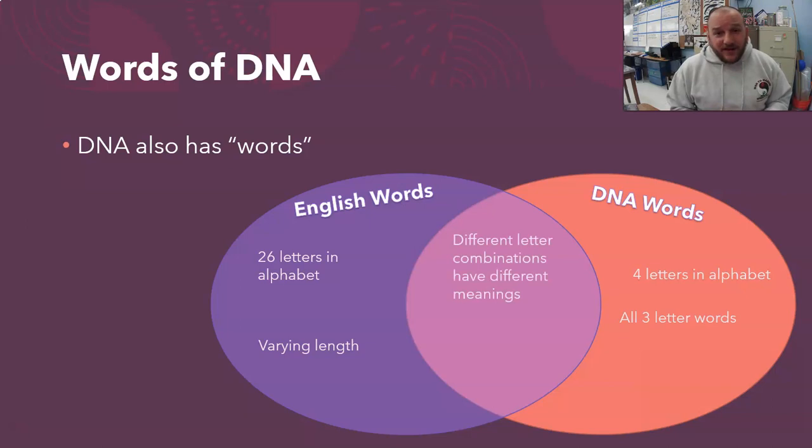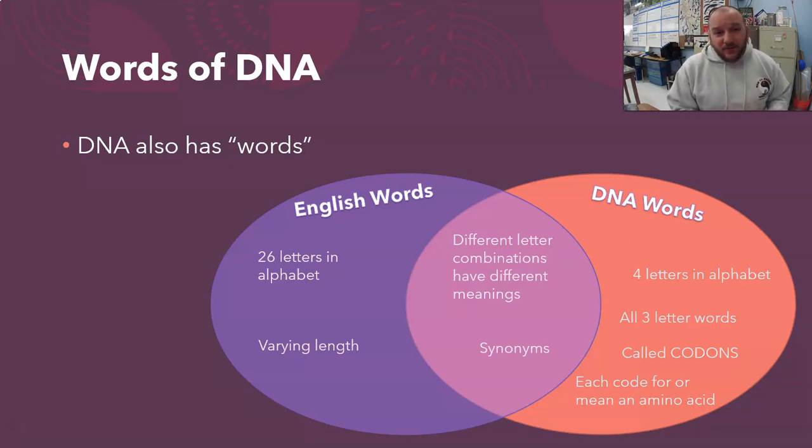Different letter combinations have different meanings in both DNA and in English words. And yes, both DNA and English have synonyms. In other words, some words have the same meaning in both contexts. We call these 3-letter words in DNA codons, and each codon codes for or means a specific amino acid.